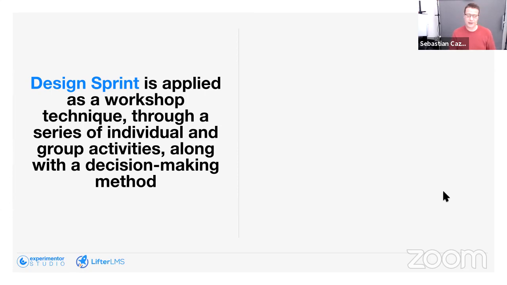And on top of these exercises, we have a very particular decision-making method, which is based on collecting input as much as we can from all team members in a design sprint, but leaving the final call, the final decision to the sprint owner, who is also called the decider. I'm going to talk about roles a little bit later on. But please keep in mind that we are not just doing exercises like you usually do in other workshop activities. We also have a decision-making method.